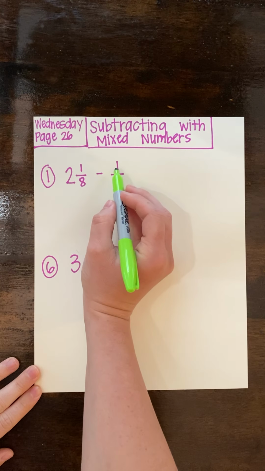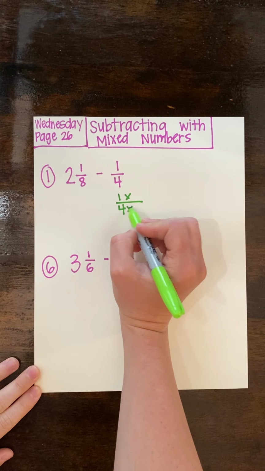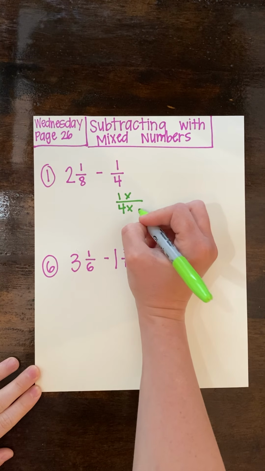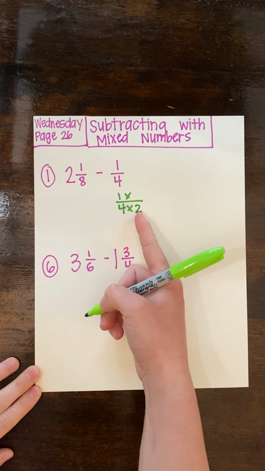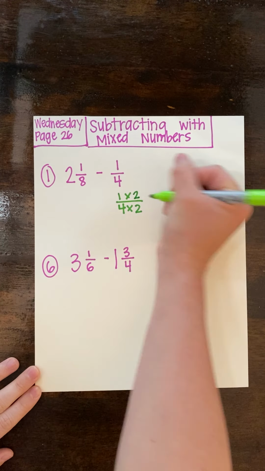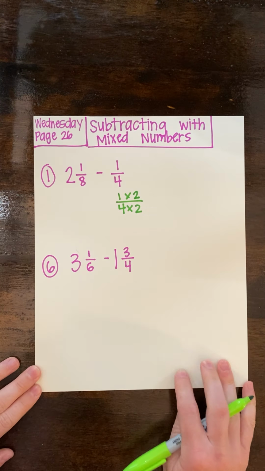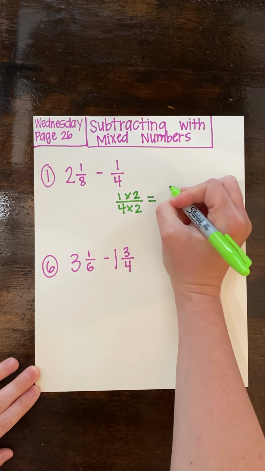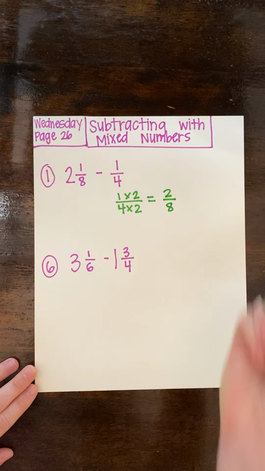I'm going to multiply it by whatever I can multiply 4 by to get to 8. So I know that 4 times 2 equals 8. So if I'm multiplying my denominator by 2, I also must multiply my numerator by 2 in order to get an equivalent fraction for 1/4. So 1 times 2 is 2, 4 times 2 is 8.